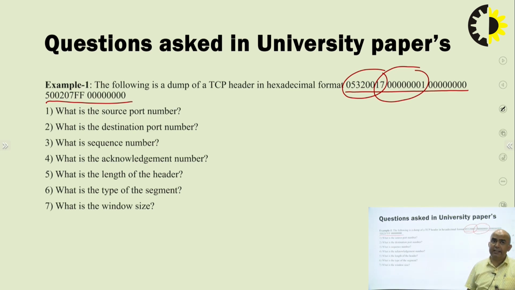Okay, as this is in hexadecimal, we have to convert it into decimal numbers. First thing you should remember, before converting, is we need to know which digits denote the source port number out of the given hexadecimal numbers, which denote the destination, which is the sequence number, which is used for acknowledgement, which is for the length of the header, which is for the type of segment, and which is for the window size.